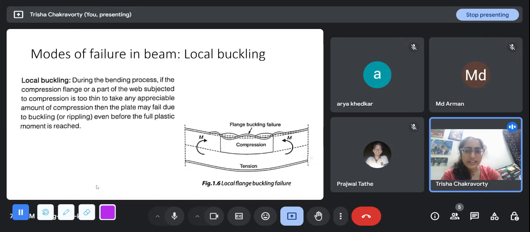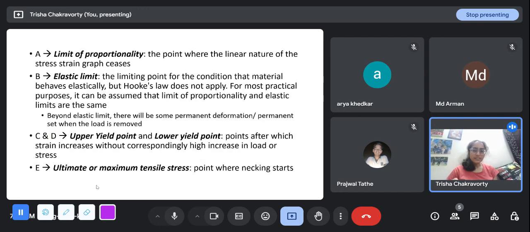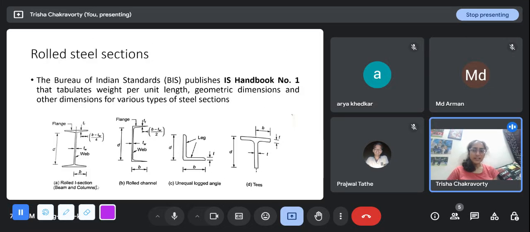Then there is another failure in beams called local buckling. This only happens in steel beams, because in concrete beams the cross section is a constant thing. But in steel sections, we don't make solid rectangular sections. We have sections like this. You can see that the width of the section here is wider, while the thickness of the web is really thin.